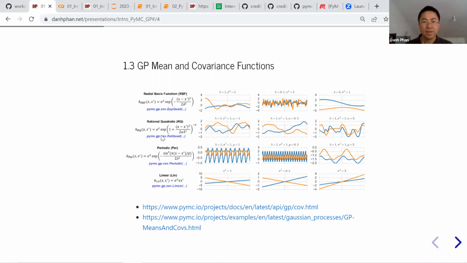There are also other covariance functions here, like the rational quadratic, and it's actually a generalization of the exponential quadratic here with the alpha. I'm not sure if alpha is the right name, but it is some kind of generalization of the previous one.